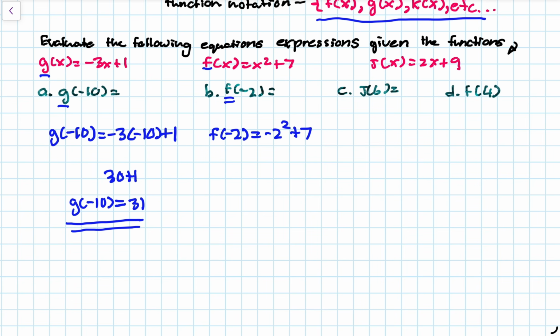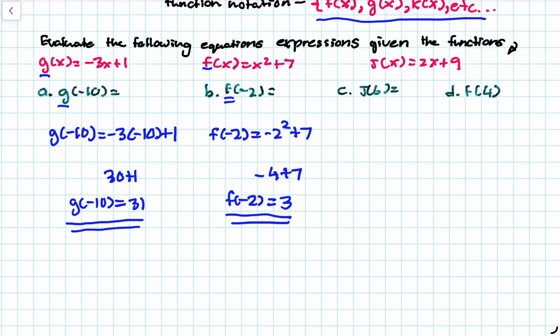Okay, so negative 2 times negative 2 would be, negative exponent, it would be negative 4 plus 7. And f of negative 2 would equal 3. And that's going to be your answer for this certain equation. And it's actually really easy to solve this.